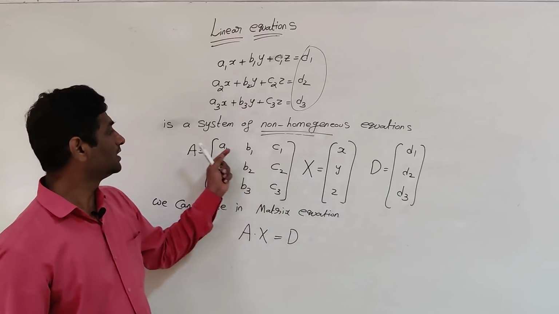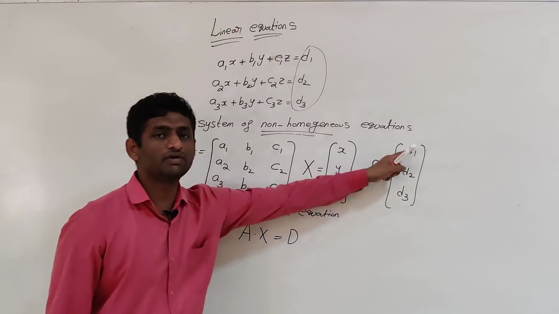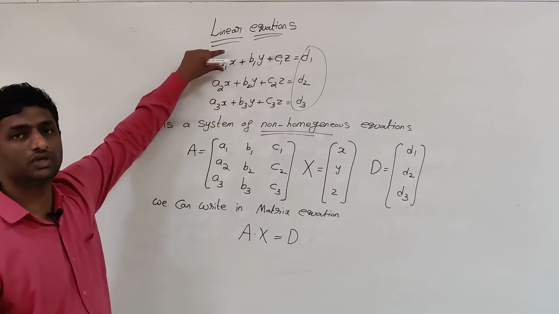Again you will get a1x plus b1y plus c1z is equal to d1, because these two matrices are equal. So you will get the same equations.